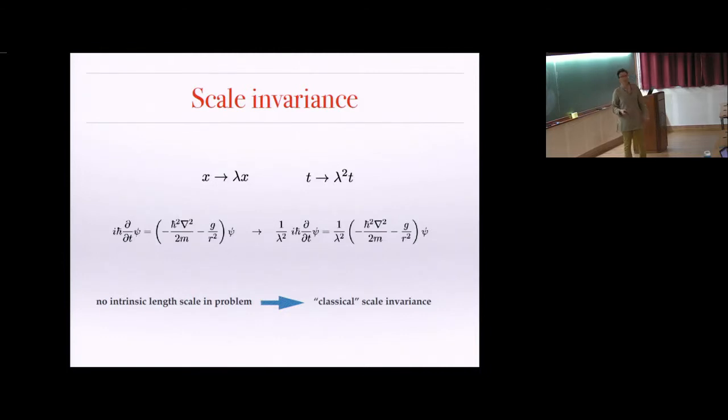So there's what we call classical scale invariance in this problem. So there's no intrinsic length scale. And by classical, I mean single particle quantum mechanics now. Okay, it extends to the single particle Schrodinger equation, and it's also true in classical mechanics.